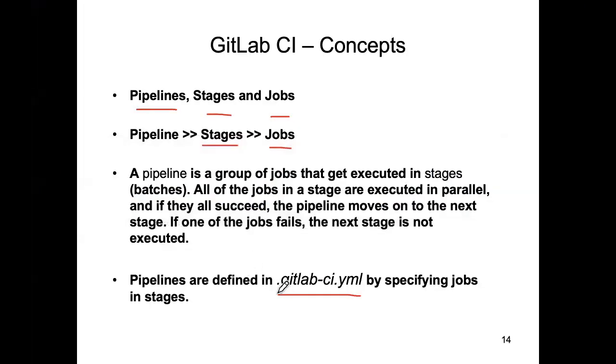So that's how we define our pipeline in this YAML file. And that's just a file like any other file. So as that file changes, the versions of it can be tracked by Git. Hence, we have version control of our pipeline's evolution.